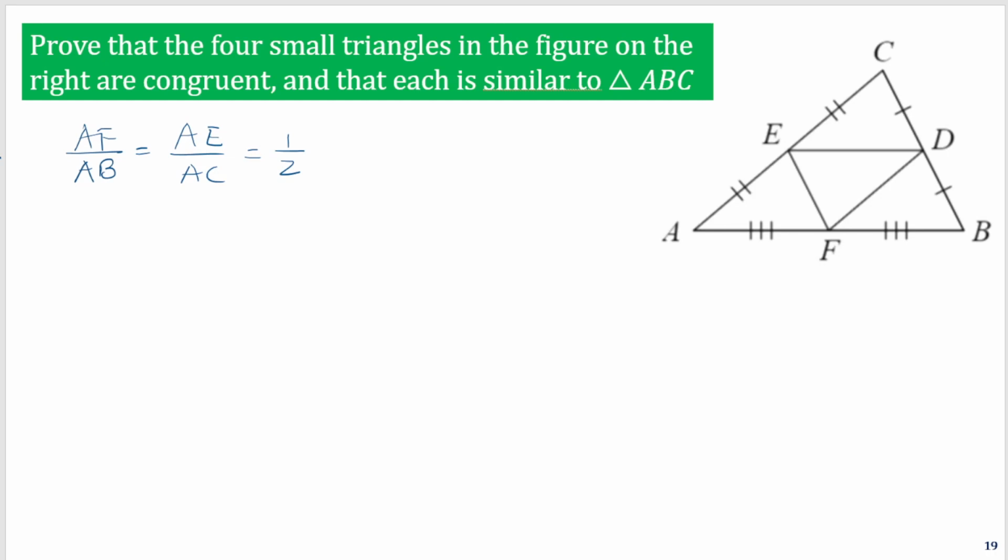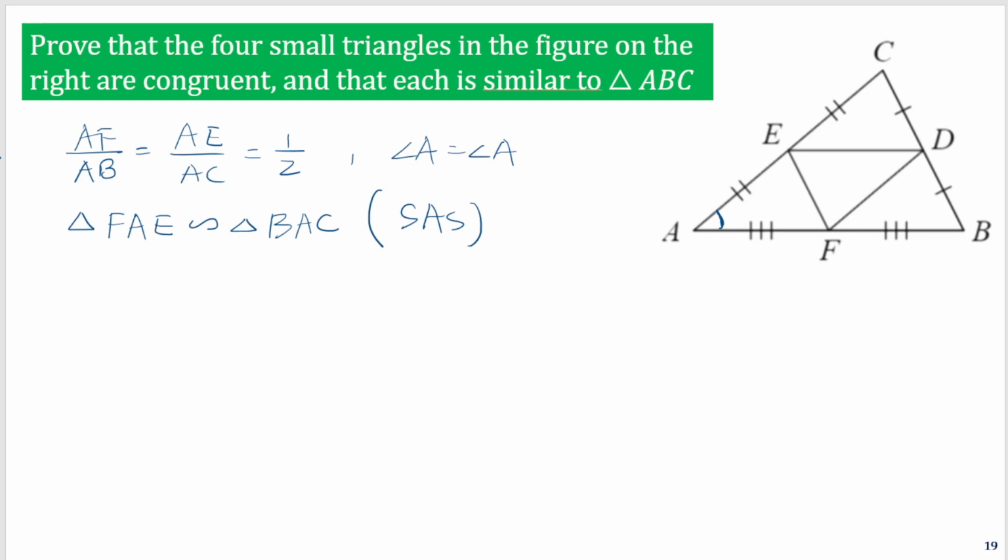Then of course we have triangle AFE is similar to triangle ABC by SAS similarity, right? Because angle A equals angle A. They share the same angle here. You see that? You don't have to prove any parallel lines.